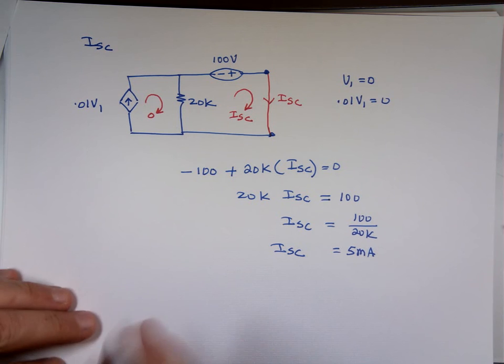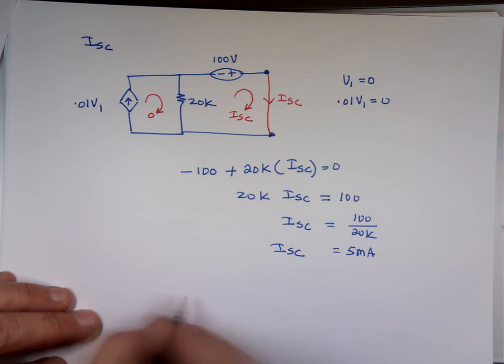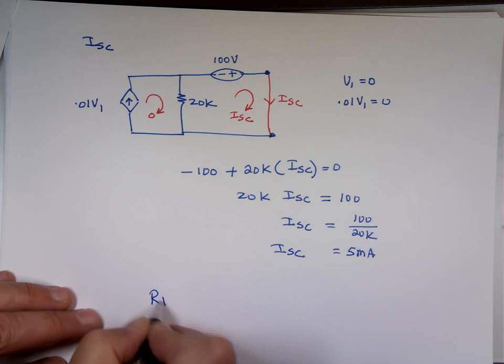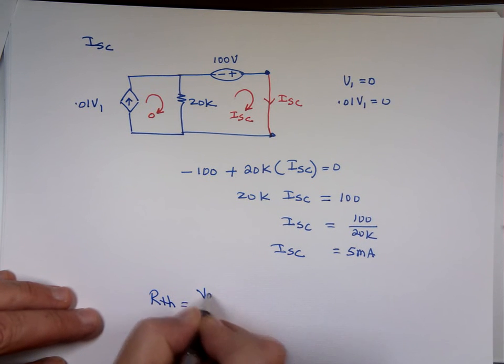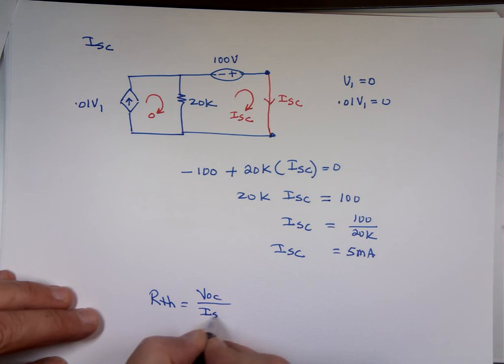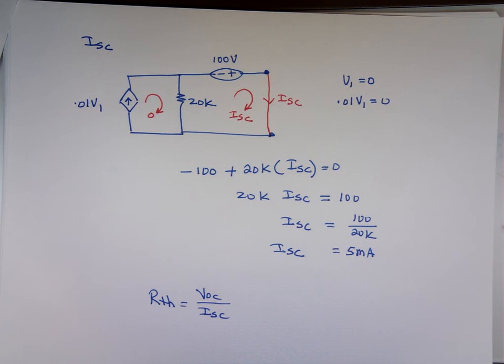Can I find R Thevenin? It's V open circuit over I short circuit. And what's my V open circuit?